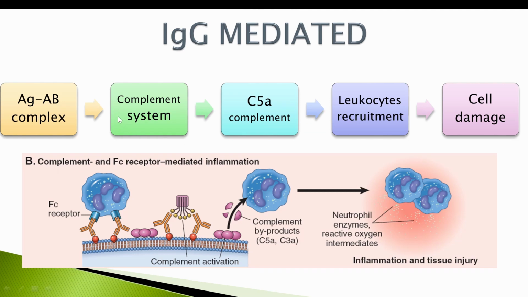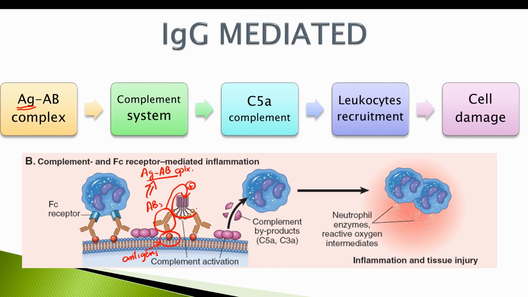IgG mediated type 2 hypersensitivity reaction is also a complement dependent system, and the antigens present on the cell surface or extracellular matrix are attached by the antibodies. So these are the antigens and these are the antibodies which are attached to the antigens, hence forming antigen antibody complex. So this antigen antibody complex activates the complement system.